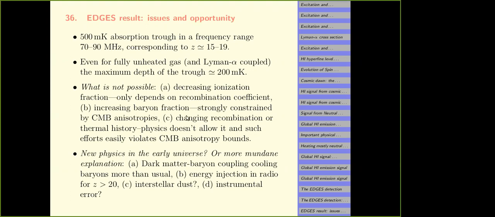No way. This is strongly constrained by CMB anisotropies. I can't do that either. Can I do something about reionization in the thermal history? Well, the recombination history is almost impossible to change because it's extremely well constrained by CMB anisotropy bounds. So this is not possible. I cannot make 200 millikelvin into 500 millikelvin by any physical process known to me.